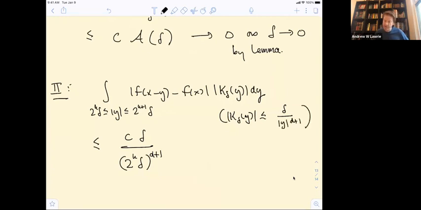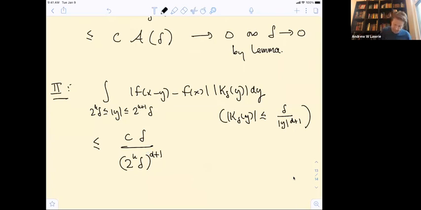I use this bound, but then on this set where I'm iterating over, I have 1 over y to the d plus 1. Well, y is always bigger than or equal to 2 to the k delta. So I'm just going to pull this factor out of the integral by replacing y with 2 to the k delta. So I have 2 to the k delta to the d plus 1.